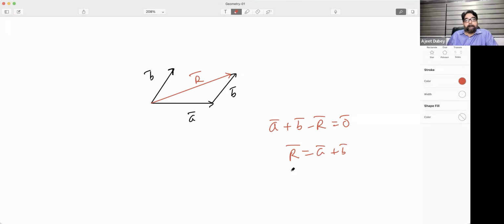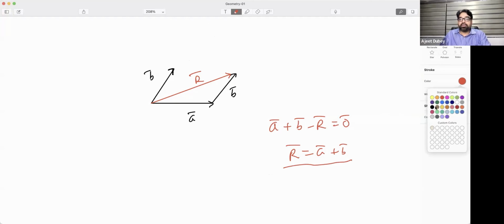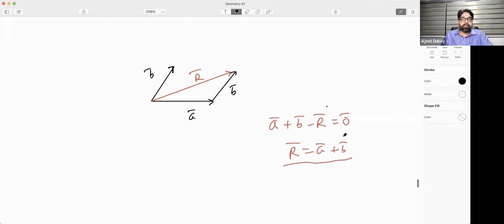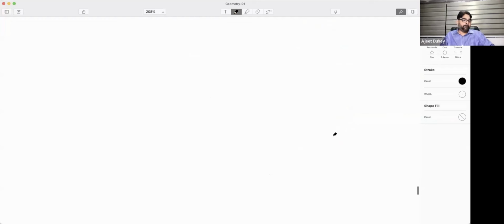Yes. That's why R vector equals A plus B. That is the parallelogram rule, which we did using another way. Till here, clear to everybody? Yes, sir.